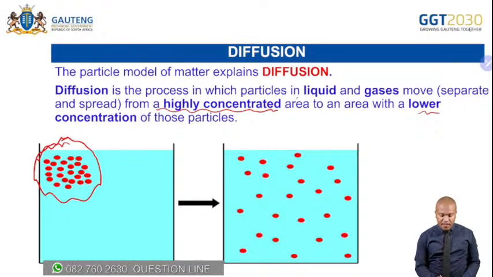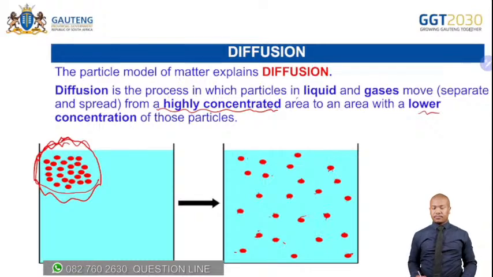So now as they move or spread around, right, they are moving to parts where there is less concentration of those particles. So now as you can see now, the particles are scattered here all around this space from where they were highly concentrated to filling up the whole space where there is low concentration.